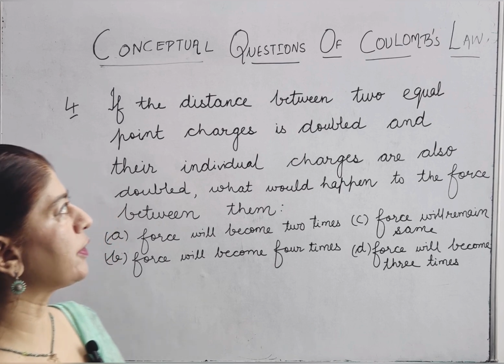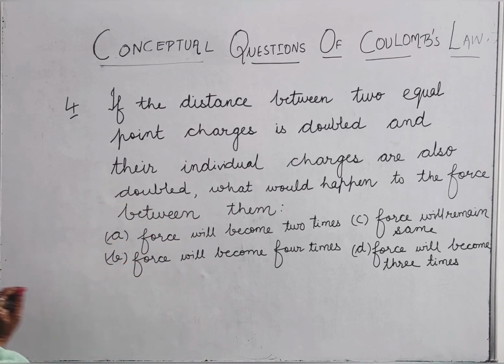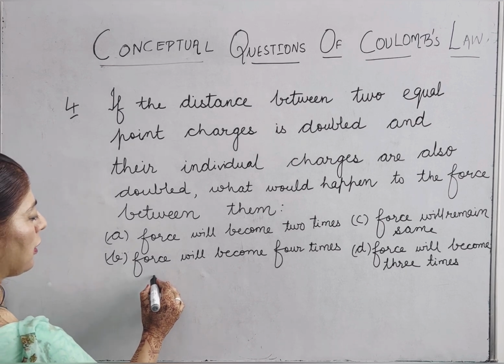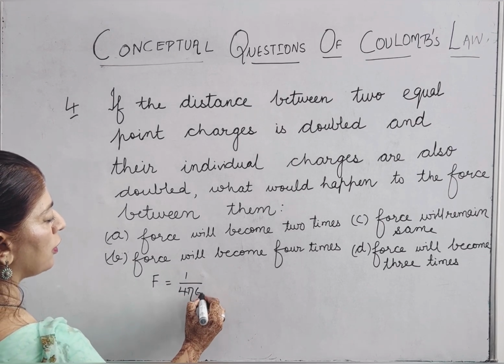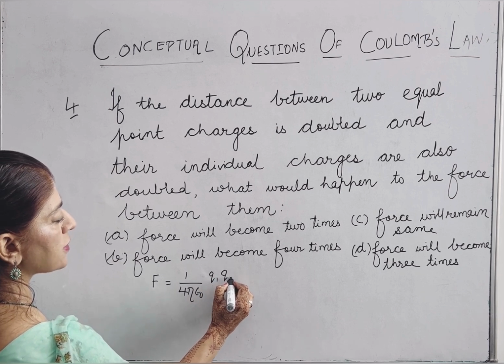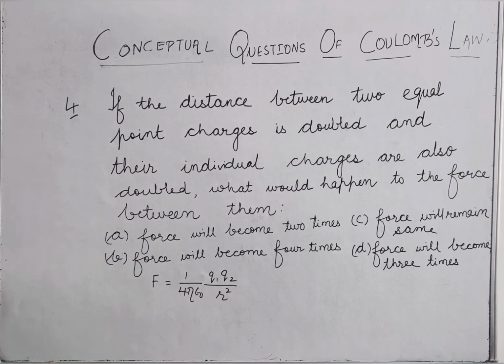So let us calculate it. We have to find out the force. It is given by F is equal to 1 by 4 pi epsilon naught, product of the charges upon distance between two of them.